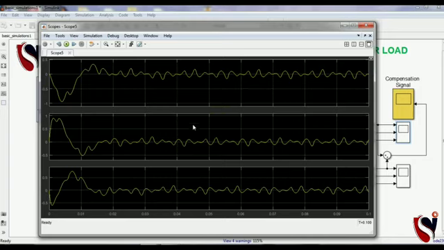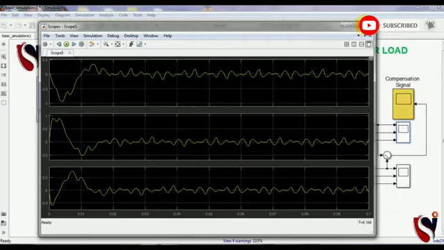This graph is showing some error, like a difference between the actual or ideal voltage and the non-linear voltage. So this is nearly zero, because the voltage is not affected by the non-linear load much compared to the current. So let me open the current.